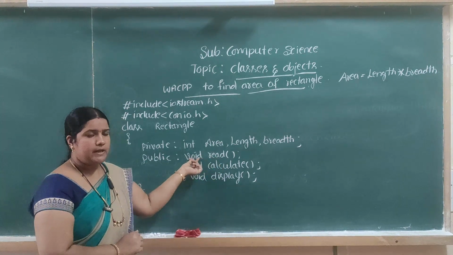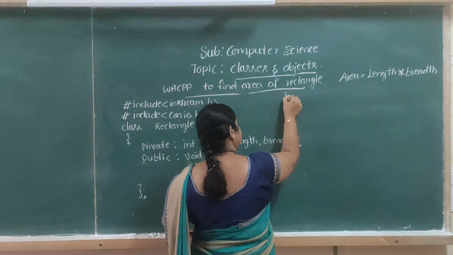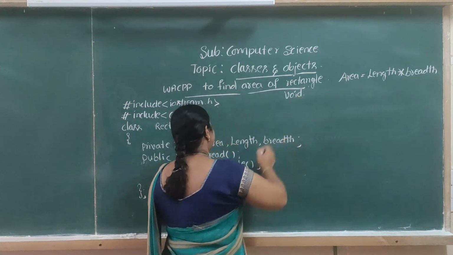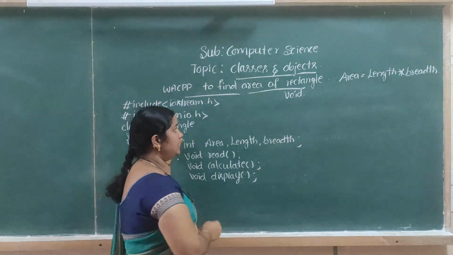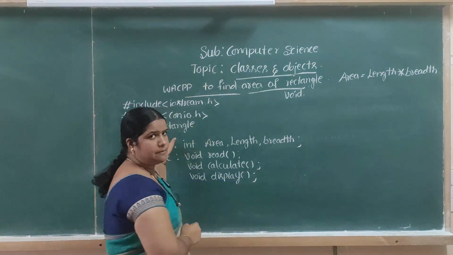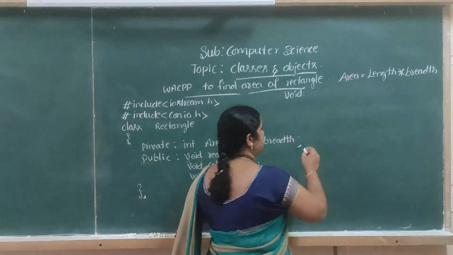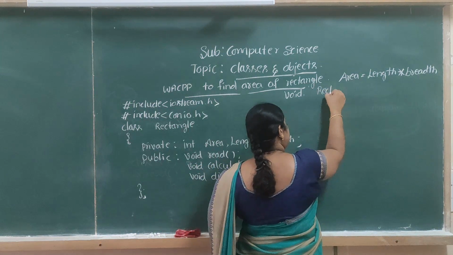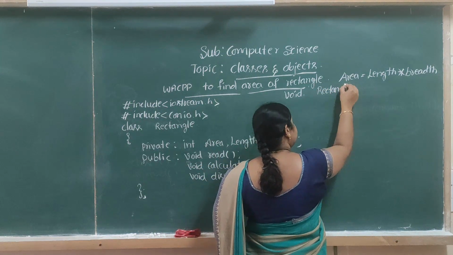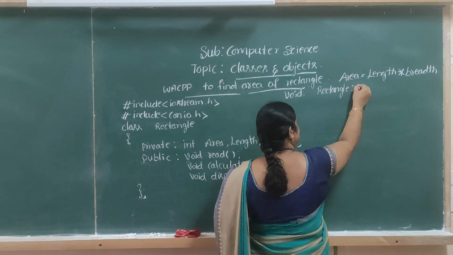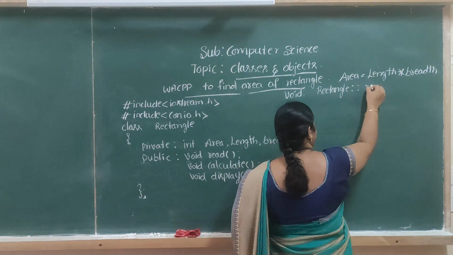It contains the data type, that is void. And the class name will be Rectangle. The first character will be an uppercase letter, that can be written as Rectangle, scope resolution operator, read function.